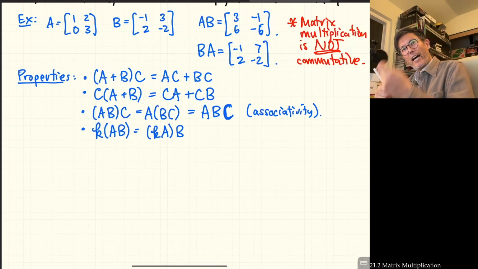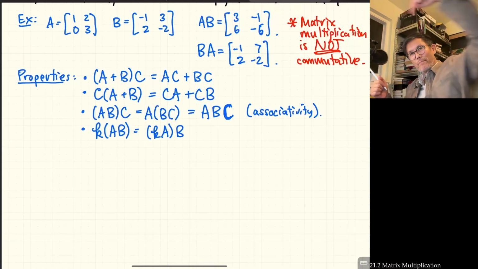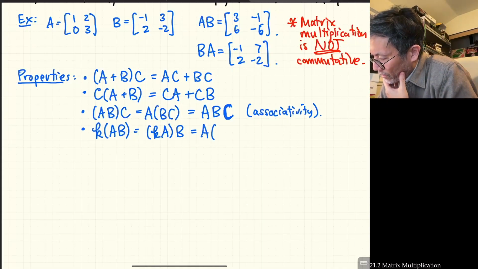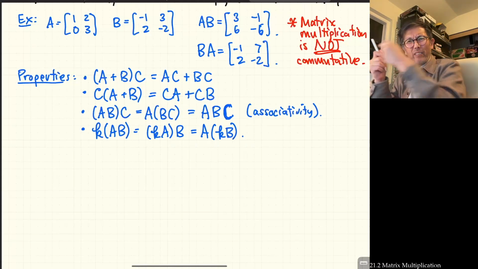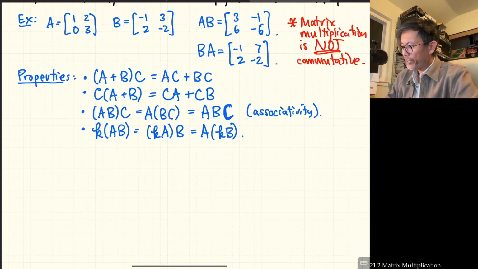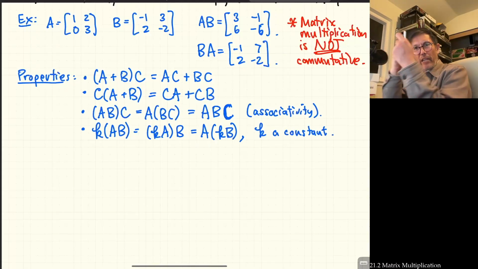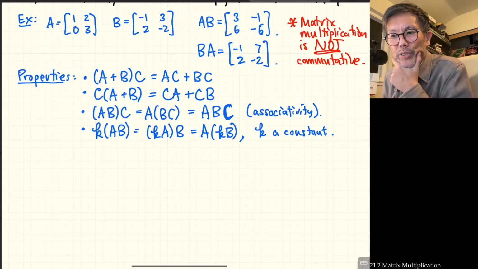But not only that, you could also multiply B by k first and then multiply that by A. This is also the case. So constants like k, where k here is just a real number, or a constant, can float around inside of a product of matrices without issue.